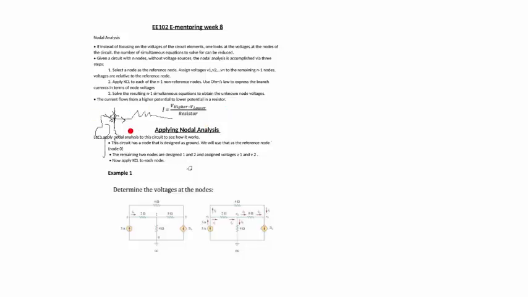That is Kirchhoff's current law. Then we use Ohm's law to express the branch currents in terms of node voltage. So in nodal analysis, we work with current to find voltage, solving the resulting simultaneous equations to obtain the unknown node voltages.